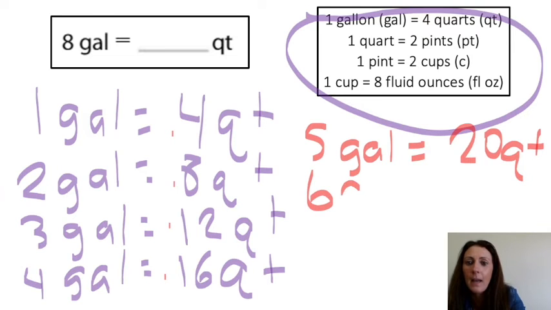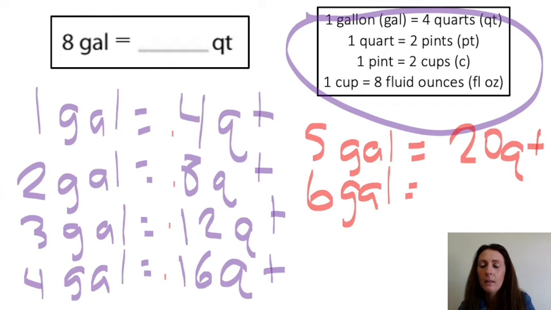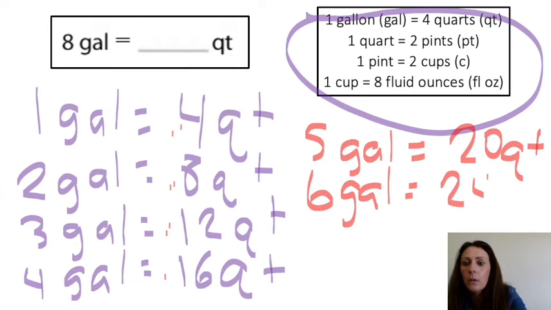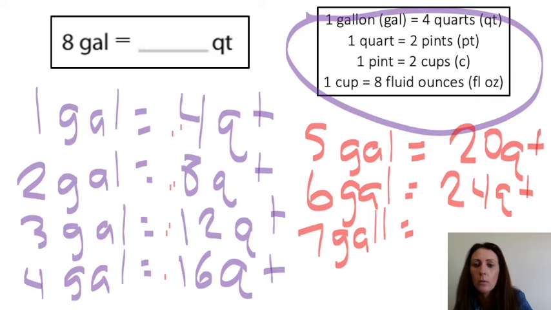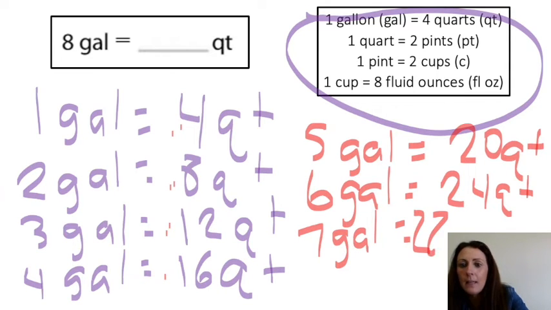If I have 6 gallons, how many quarts would that be? Again, I could skip count. 4, 8, 12, 16, 20, 24. 7 gallons would equal what? Oh, don't need two L's in the gallon. 7 gallons would equal what? 4, 8, 12, 16, 20, 24, 28.